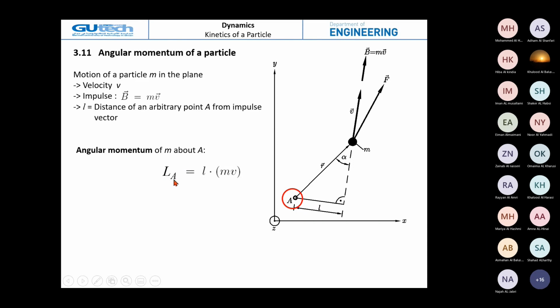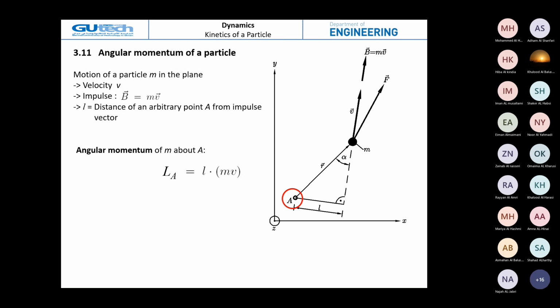Okay, and this will be equal only to L, the distance, multiplied by the impulse. That means we take the impulse, and the direction perpendicular to it, as we do for the moment.